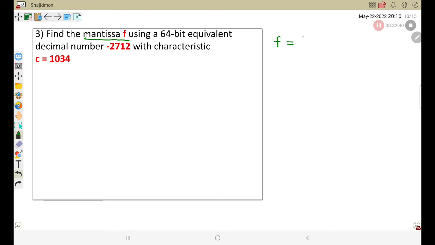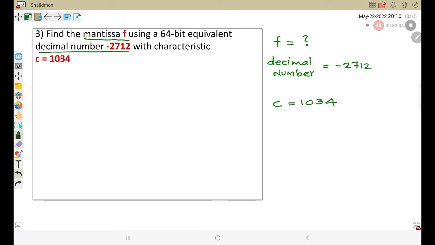So we need to find the f value. The decimal number is already given: minus 2712, with characteristic part c equal to 1034.